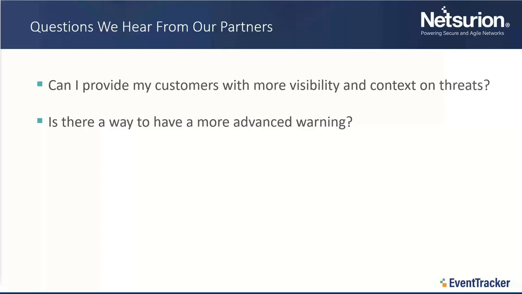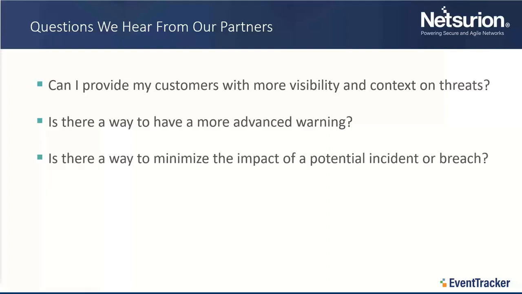If you look at the entire threat landscape, or the anatomy of a threat or anatomy of a breach, it just doesn't happen all of a sudden. Oftentimes, and you'll see when we go later in this presentation, a threat or a breach is discovered well after it started. Is there a way to ensure that we have an advanced warning on that to minimize the damage that it does cause?